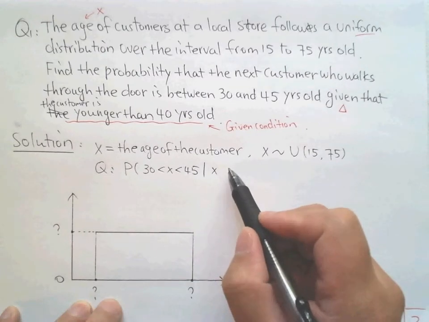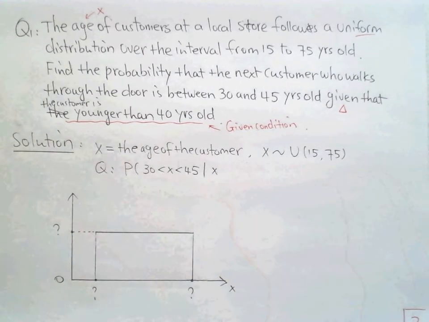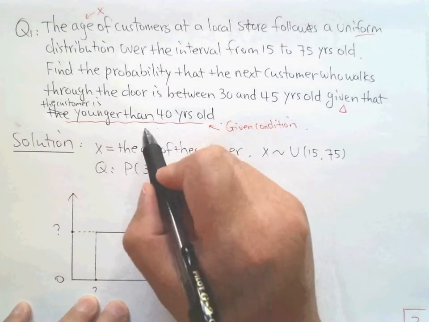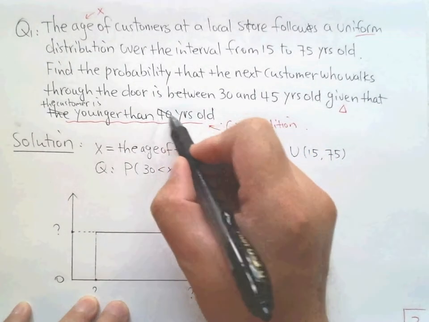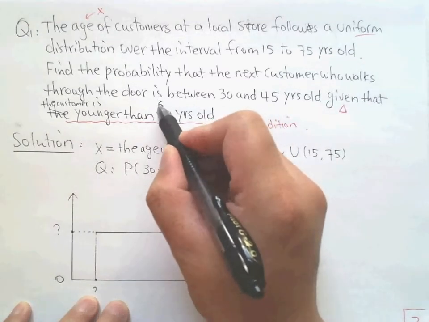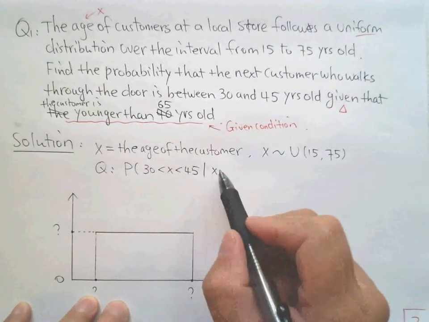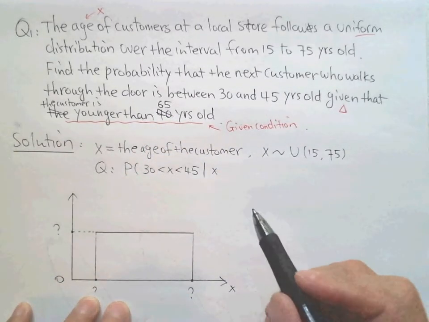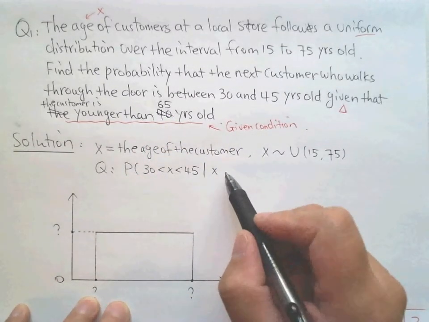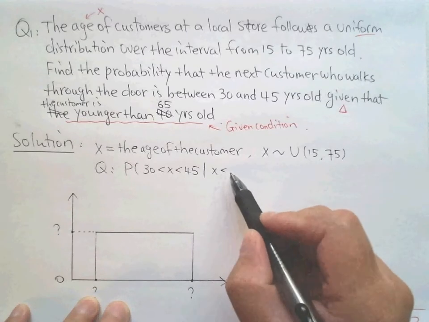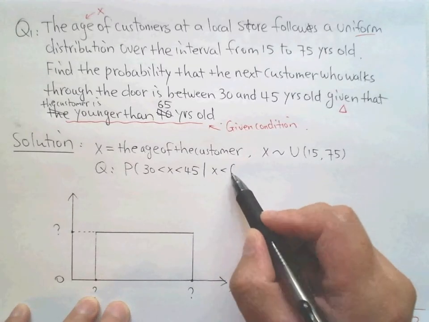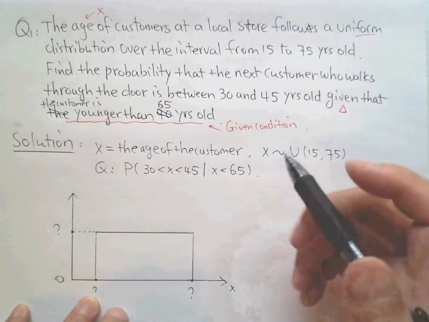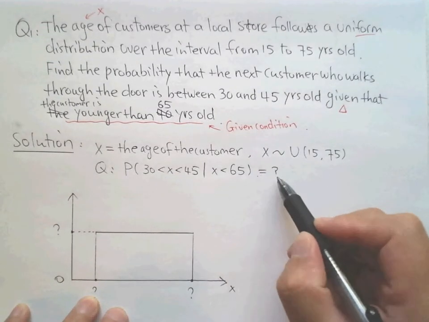I change this value, so this is 65. We use this value to do the calculation. So given x is smaller than 65, then we see what is the probability.